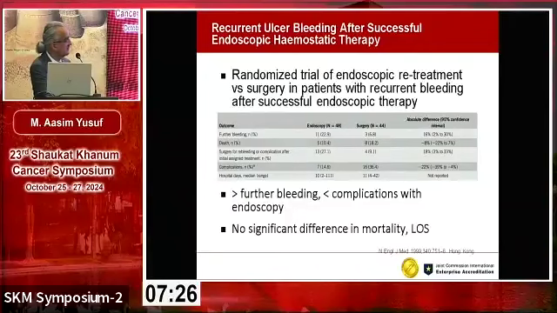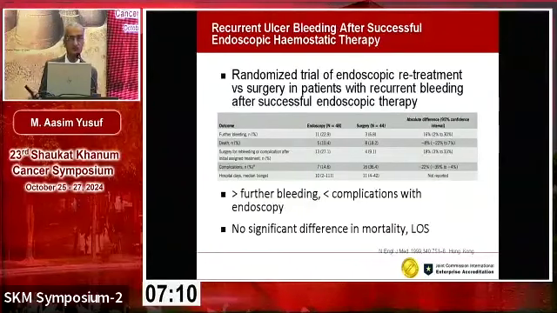They found that in the patients randomized to receive endoscopy treatment for rebleeding, while there was an increased risk of further bleeding compared to surgery, there were fewer complications and no significant difference in mortality or length of stay between the patients who received endoscopic retreatment versus those who had surgery.